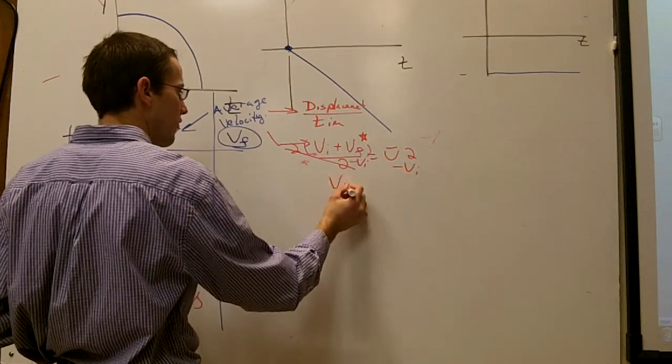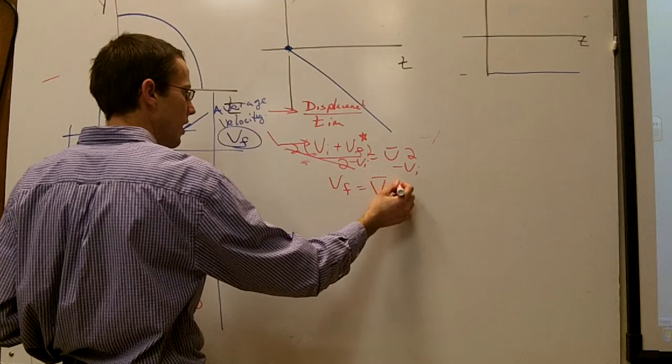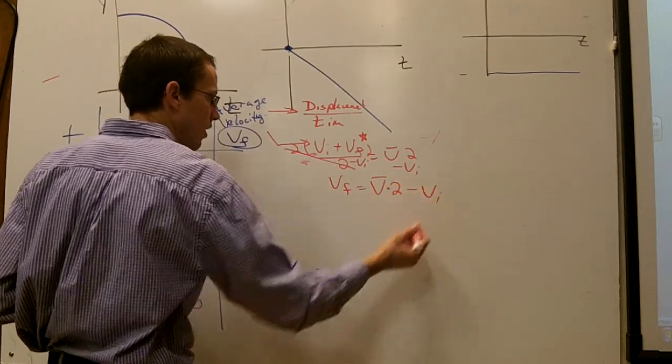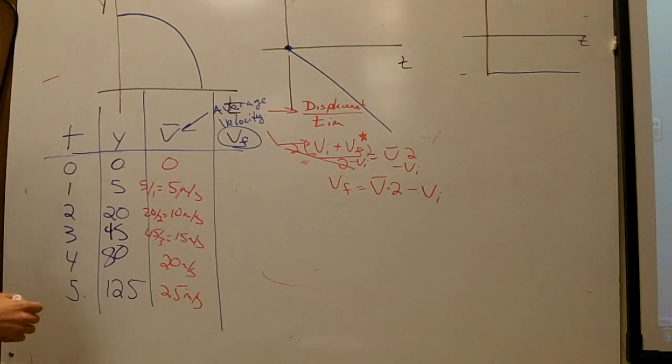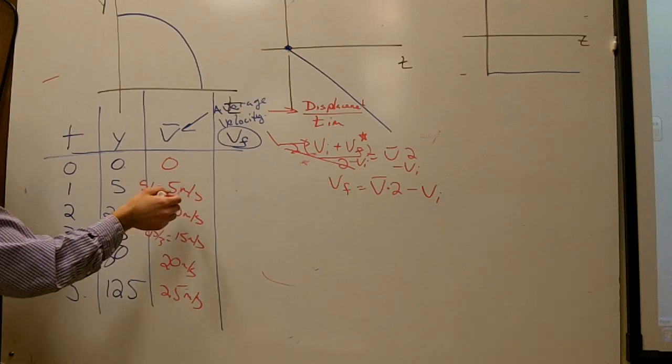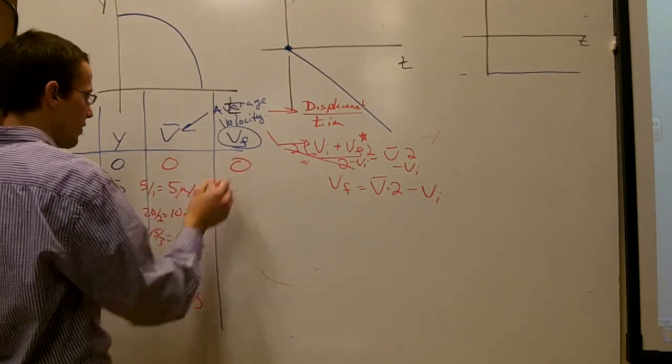So what you end up with is final velocity is equal to the average velocity times 2 minus your initial velocity. So we come over here, well, our average velocity is 0 here, so 0 times 2 minus our initial, which is 0, is 0.